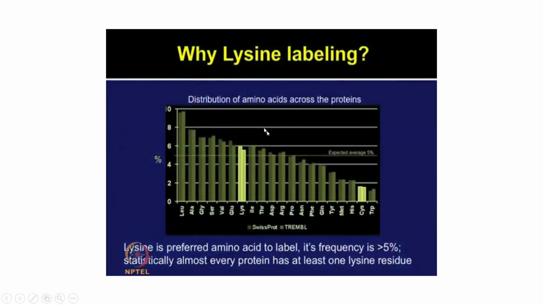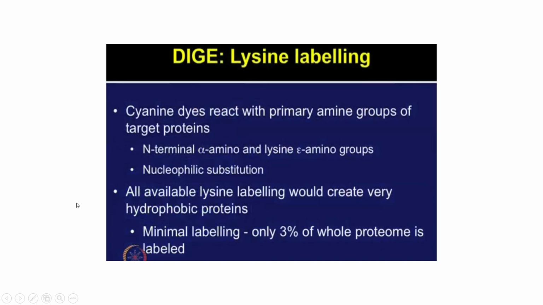So why lysine and cysteine? Because of the general distribution of amino acids in proteins, this is an average. Most proteins have leucine for sure, but only a few proteins have cysteine and tryptophan, or the number of these amino acids is lesser in the protein compared to the others.